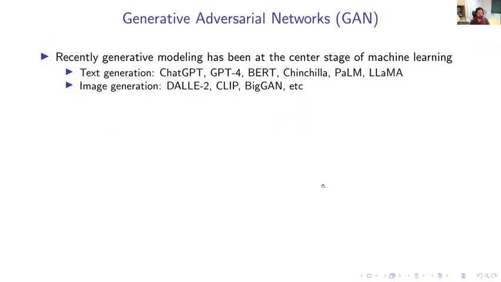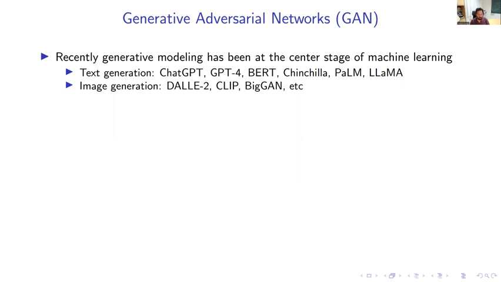So recently, as we know, generative modeling has been at the center stage of machine learning. For text generation, we see ChatGPT and later variants, GPT-4 is creating a lot of buzz. It solves a wide variety of problems, reasoning and writing poetry and so on. And previously we had BERT and Chinchilla and PaLM and so on.